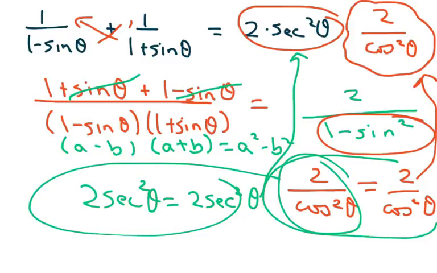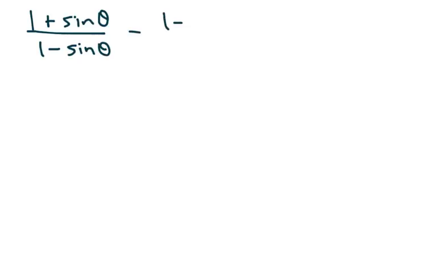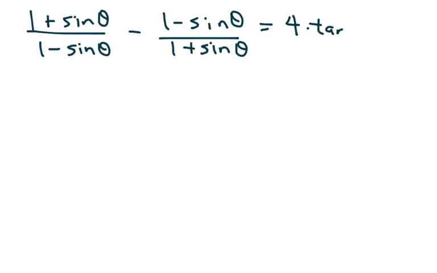Okay? And the next one we're going to do is this one. 1 plus sine of theta over 1 minus sine of theta minus 1 minus sine of theta over 1 plus sine of theta. This is supposed to equal 4 times tan of theta times secant of theta.